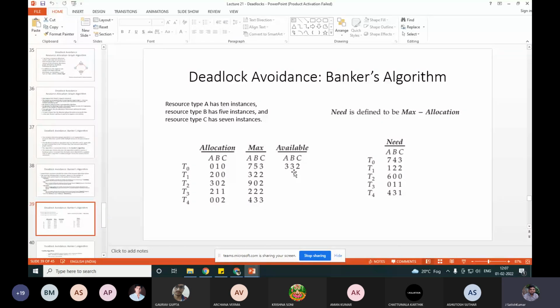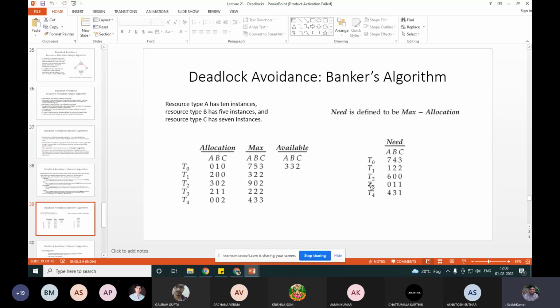If we allocate this available resource to T0, then the system will go into deadlock. But you can allocate it to T1, so T1 is meeting this requirement. After T1 finishes, all its resources will become free. Then you can allocate to the other processes, which will finish their jobs without entering into deadlock.